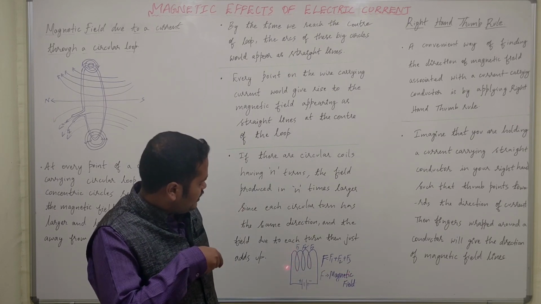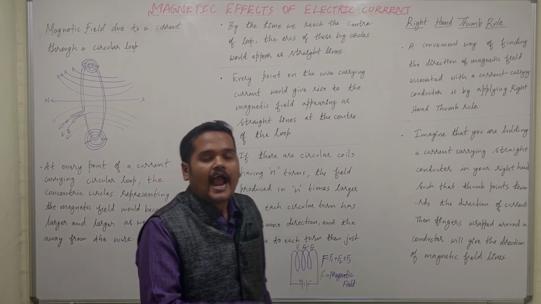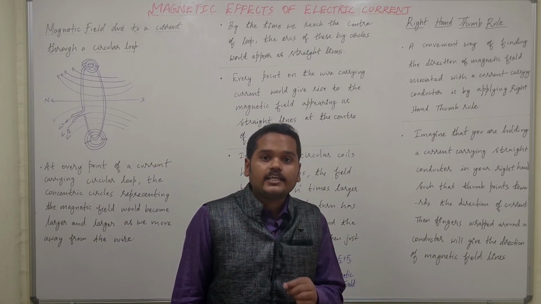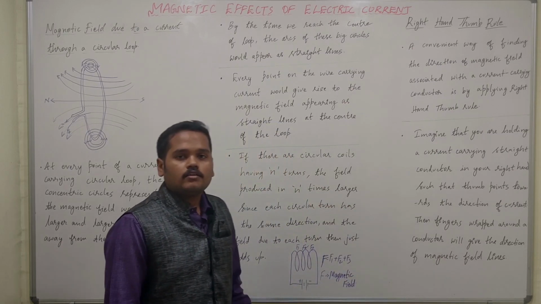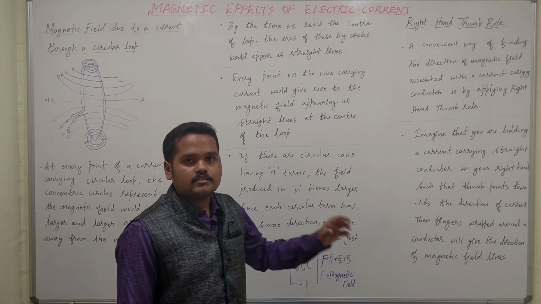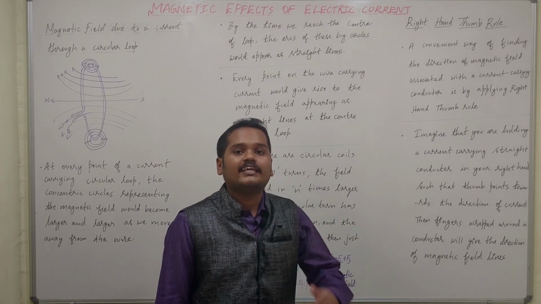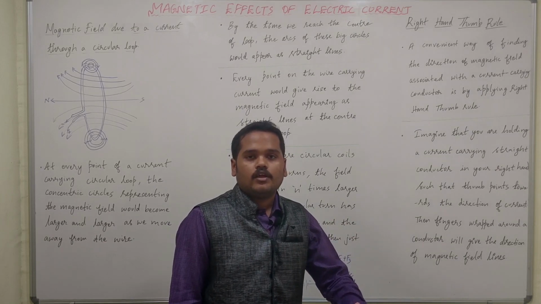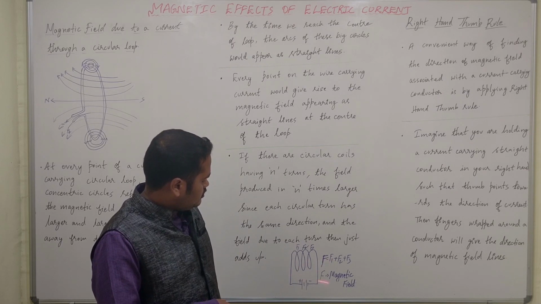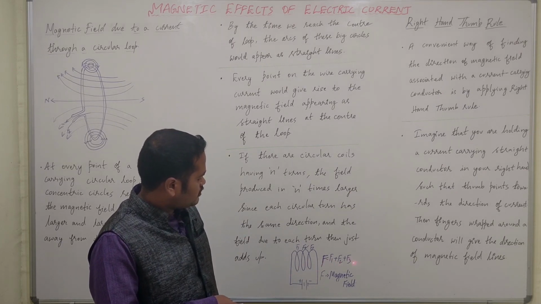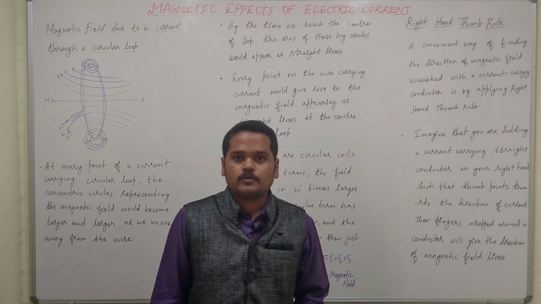So the magnetic fields F1, F2, F3 get added up since the direction of the current remains the same. When the current is moving in the same direction, the field is also moving in the same direction, and hence the field gets added up. The total field in this diagram is F1 plus F2 plus F3. We have a higher magnetic field which is produced.